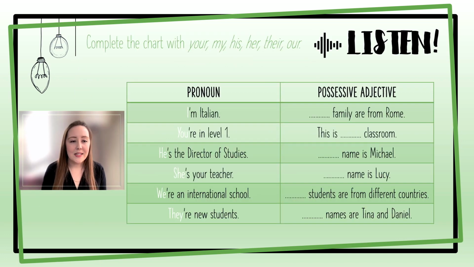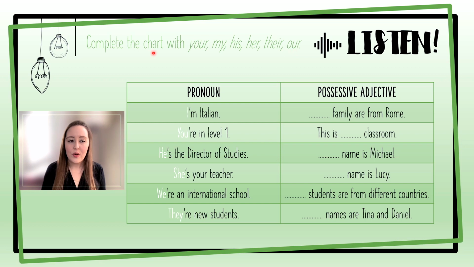So let's try an exercise. I want you to listen to my sentences and complete the chart with your, my, his, her, their, and our.